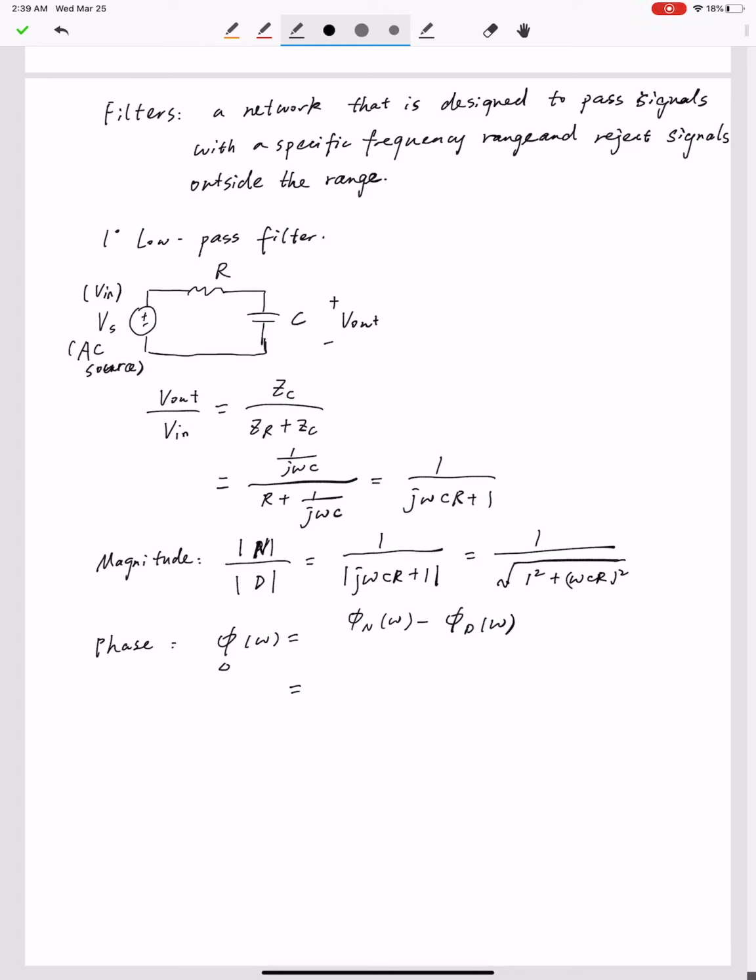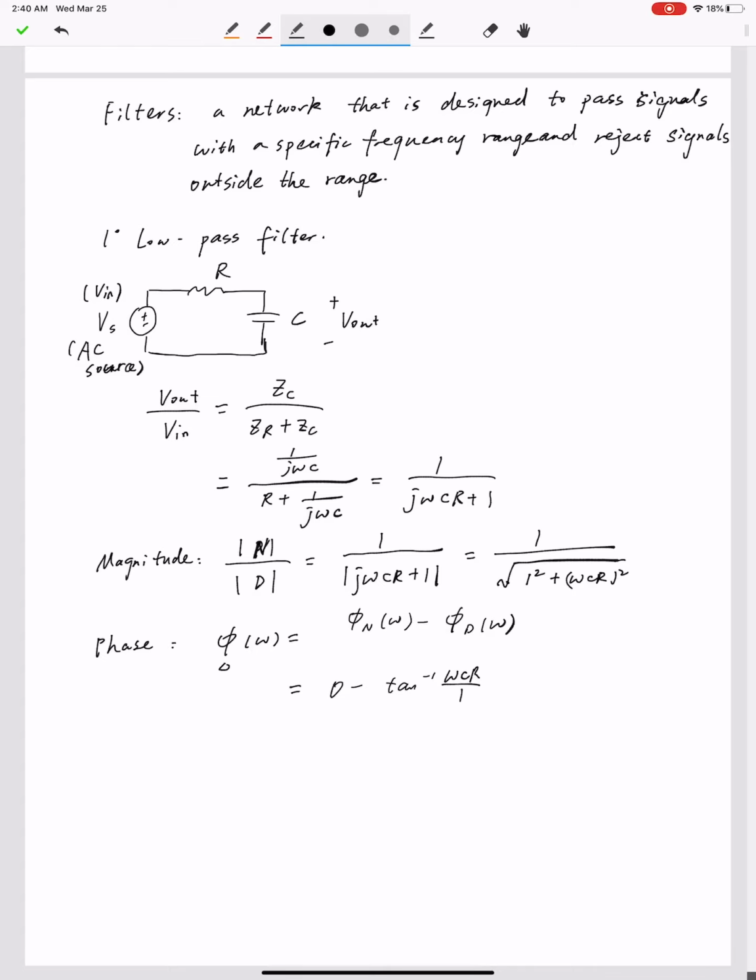In this transfer function, the phase angle of the numerator is 0, and the phase angle of the denominator is tangent to the power of minus 1 of omega RC, the imaginary part divided by the real part.